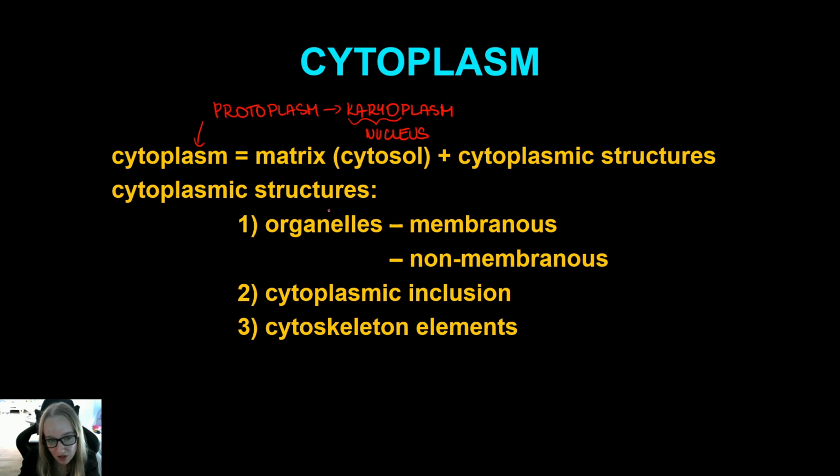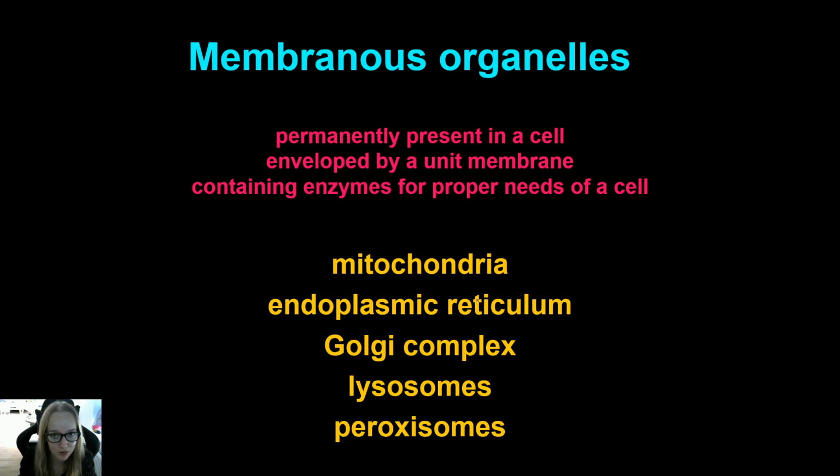Cytoplasm is made of a semi-liquid matrix or cytosol, and it contains cytoplasmic structures like organelles, cytoplasmic inclusions, and cytoskeleton. We can divide organelles into membranous and non-membranous. Membranous organelles basically are the organelles that have a membrane around them.